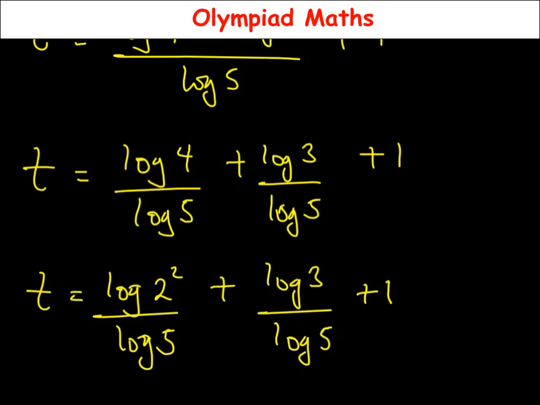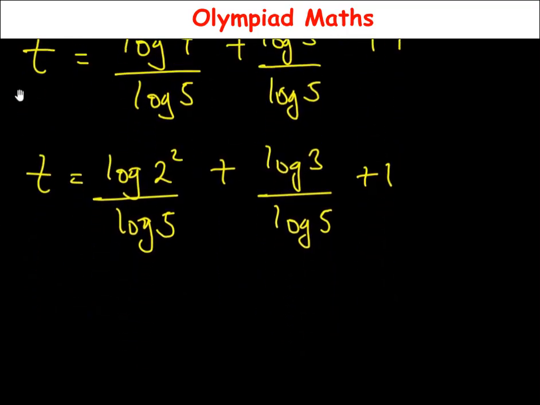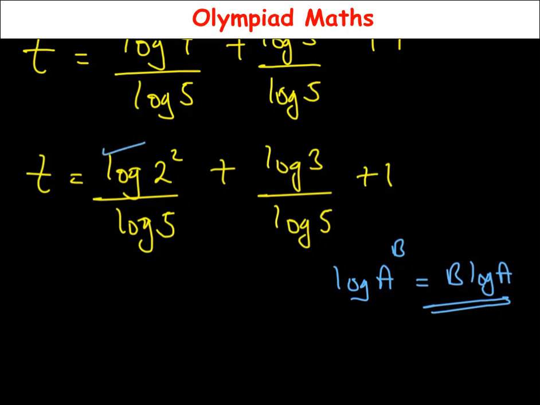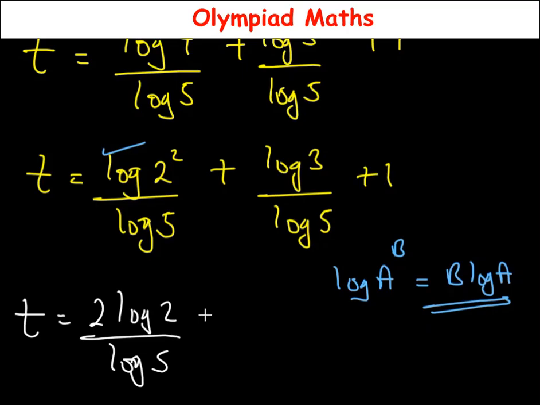Now, there is also another rule of logarithm, that if you have logarithm of a raised to power b, this equals b times logarithm of a. So applying this right here, the value of t is then equal to power 2 comes behind, it becomes 2 times the logarithm of 2, then all over log 5, then plus we have log 3 all over log 5, then plus 1.